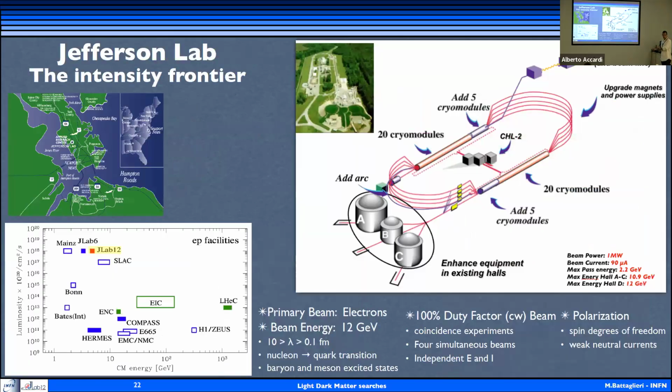And then we come to Jefferson Lab, where I guess in these days you learn about it. I just want to stress why this is a good place to do it. First of all, the energy is such that, with a 10 GeV electron beam, in principle you can produce particles that can explore the range of 1 MeV to 1 GeV.